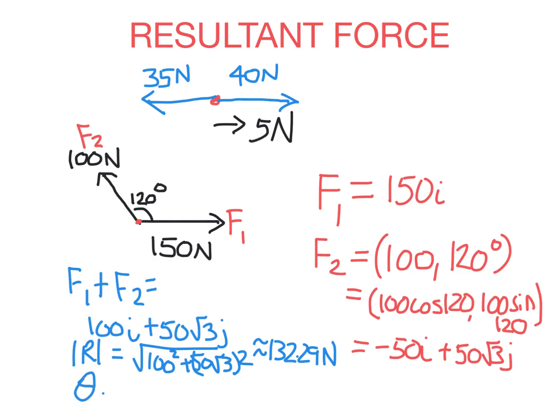And the angle, we just do tan inverse of the y component over the x component, and we get about 41 degrees. So the resultant force will be over here, about 41 degrees there, and its magnitude will be about 130 newtons.